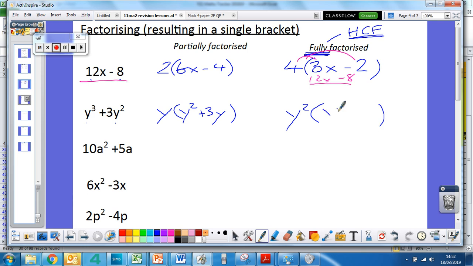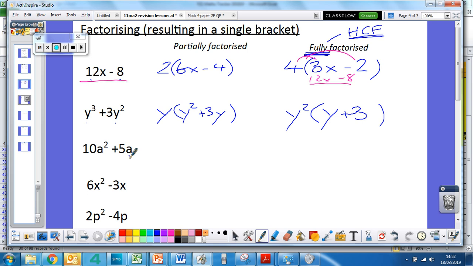That's just a single power of y. And to get it to say plus 3y squared, I need the plus 3 to multiply by the y squared. And that's fully factorised. In terms of numbers, you've pulled out the highest common factor. In terms of the letters, you've pulled out the highest common factor. Now put those two things together, and you won't come up with this question here.